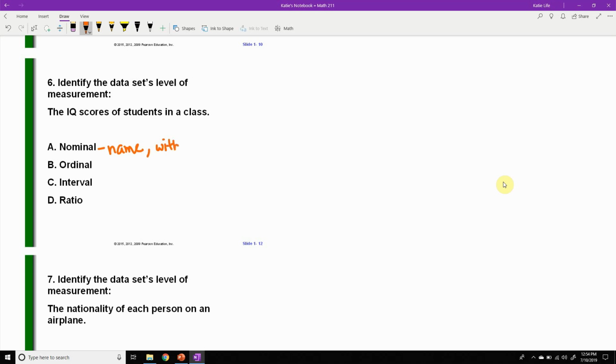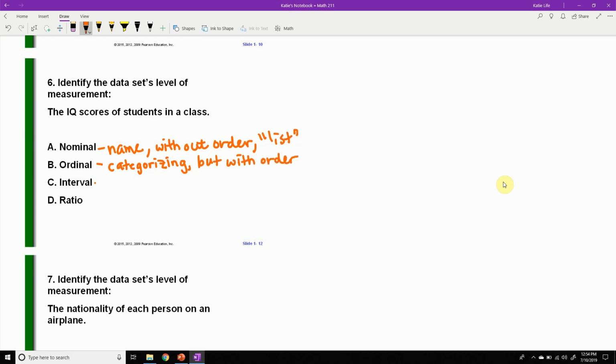There's really no order to anything. It's basically just a list. At the ordinal level, we're still kind of categorizing things, but in this case, we can put some kind of order to it, but with order.